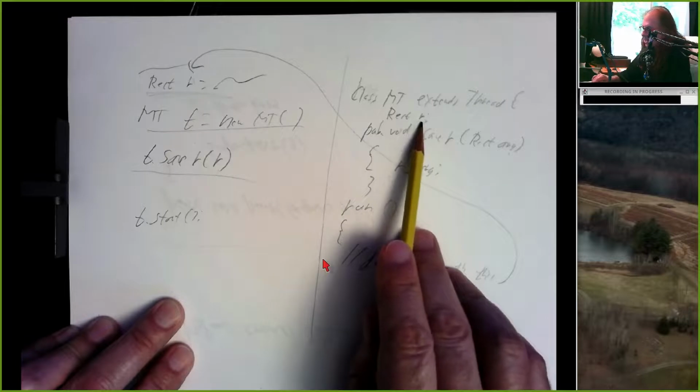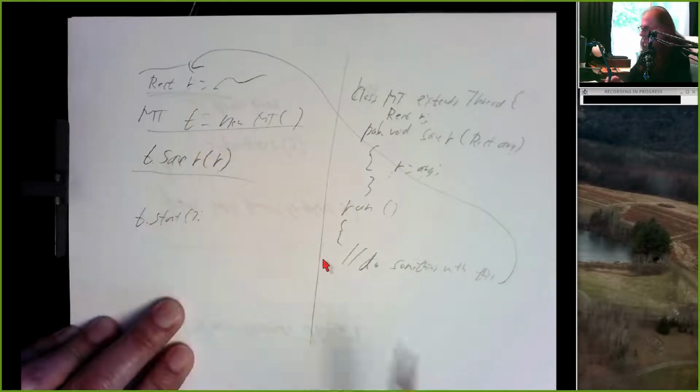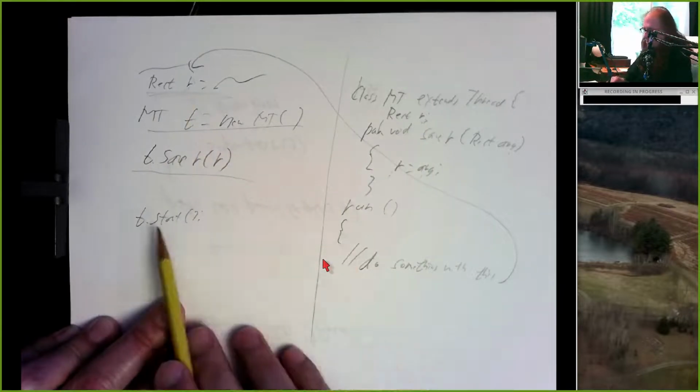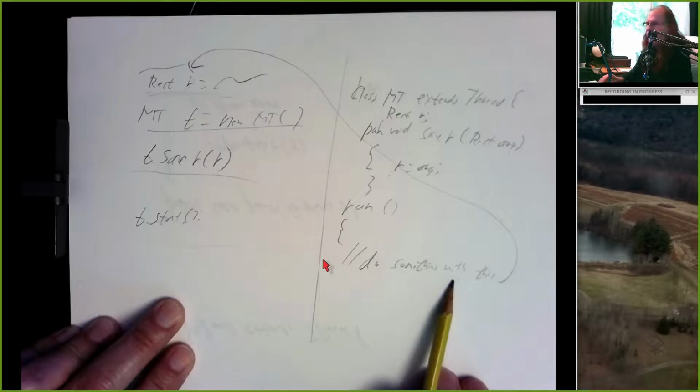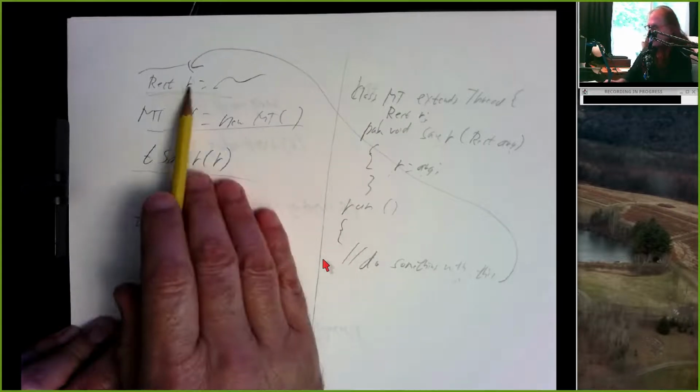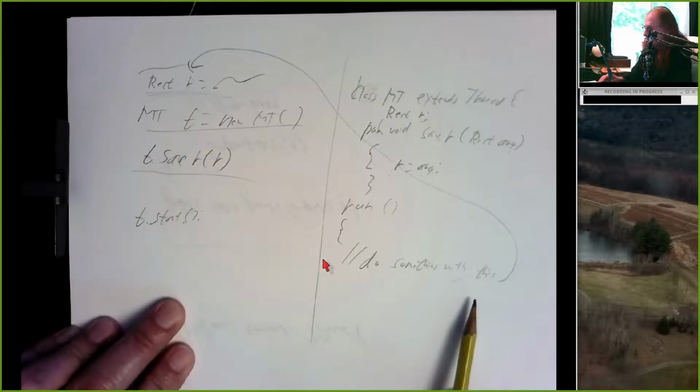So now this rectangle R refers to this rectangle R. And now when I start the thread, the run method starts executing, and I could change the dimensions of R or print out its area or do whatever I want. And if something over here changes the dimensions of R, and this is continually printing out the area, it'll print out the new area when R's width or height changes.